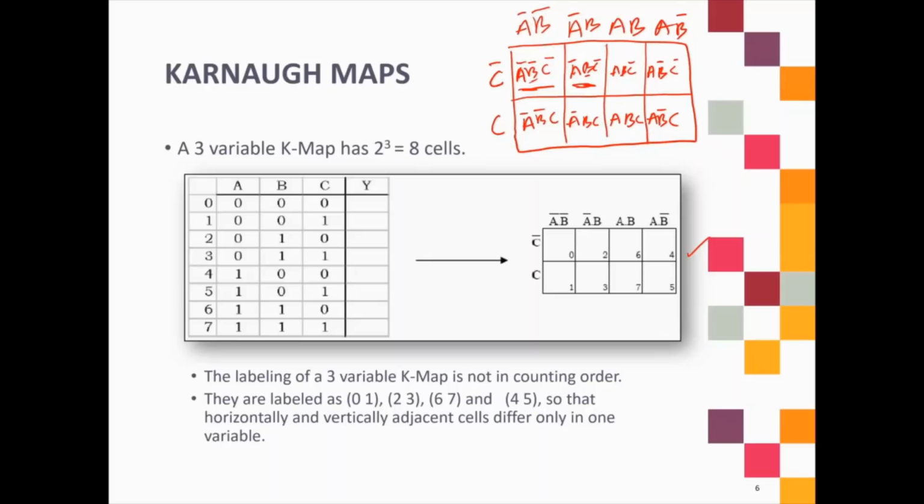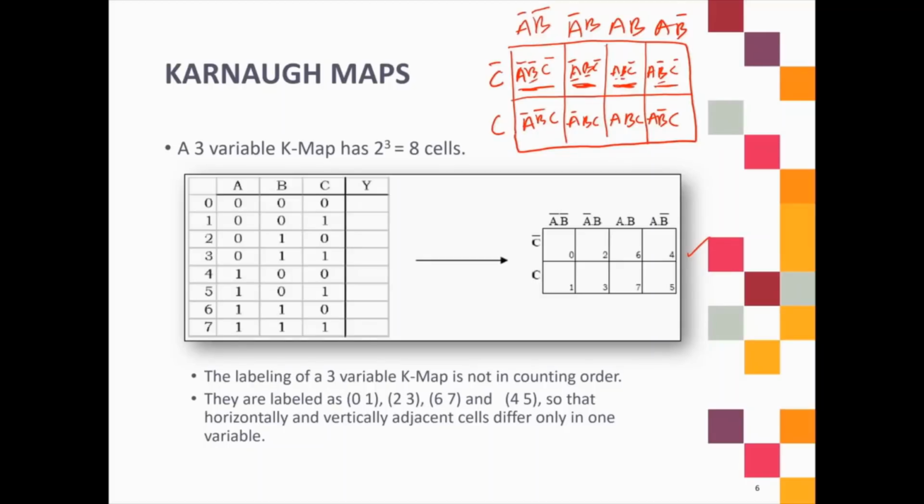Same goes with the adjacent cell of the first cell, this one also has A bar and this one also has C bar. Between this one and this one, they differ only in variable A: here you have A bar and here you have A. And between these two, they differ only in B: here you have B and here you have B bar.